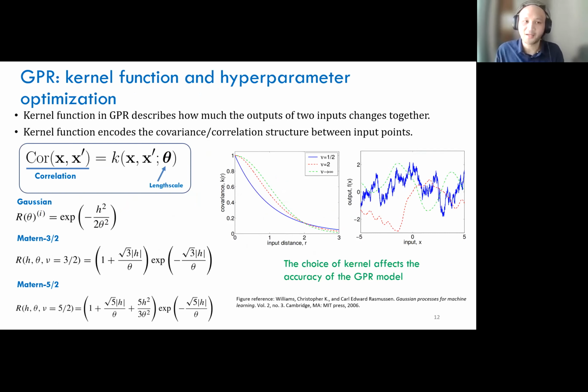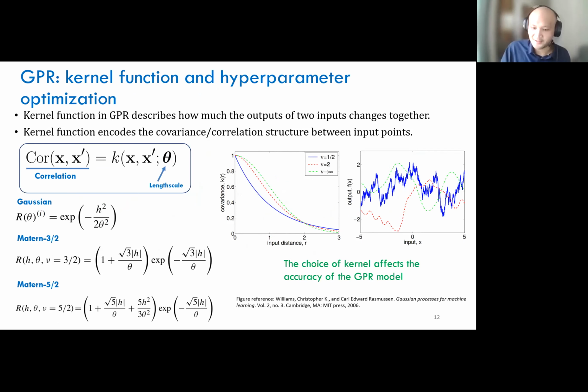One important part of GPR is the kernel function, which basically describes how much the outputs of two inputs change together. This is one important aspect of GPR that you need to define beforehand. The role of the kernel function in GPR is different compared to when you use a kernel function in support vector regression. In GPR, the kernel function encodes the covariance or correlation structure between input points.